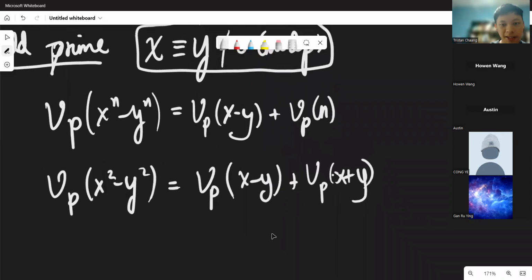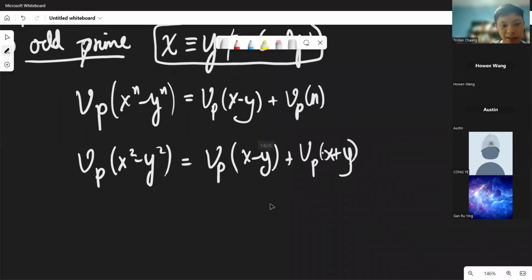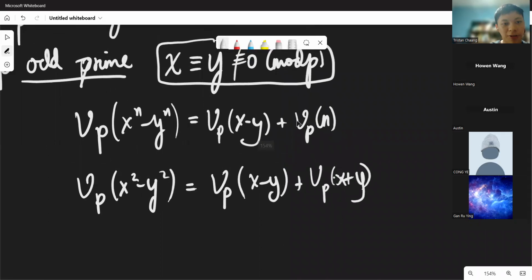Can we generalize? Let's look at all the cases where n is co-prime to p, right? So n is not divisible by p. In which case, we would expect these two to be the same. Let's try to replicate the proof of x squared minus y squared. Just try to generalize it, right? So Vp of x to the n minus y to the n.